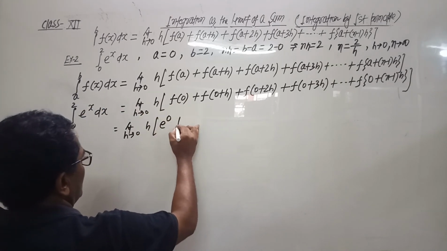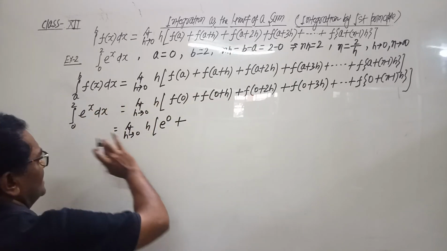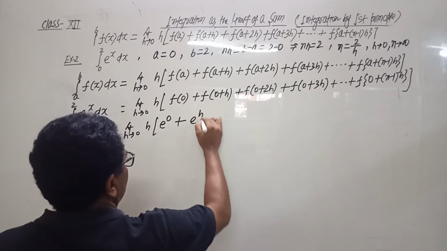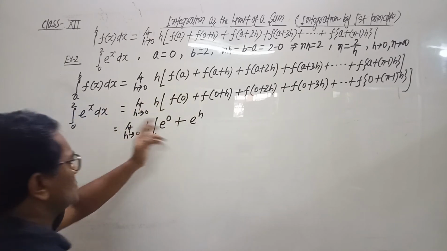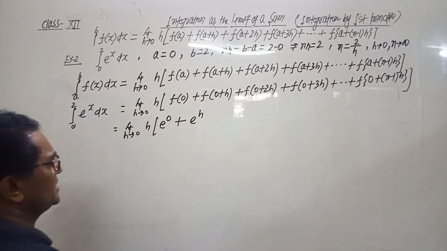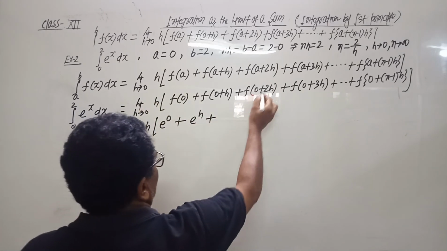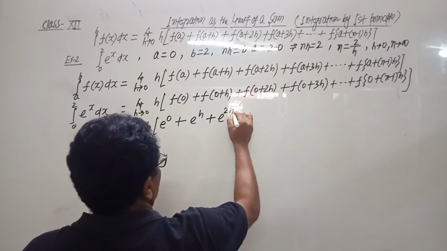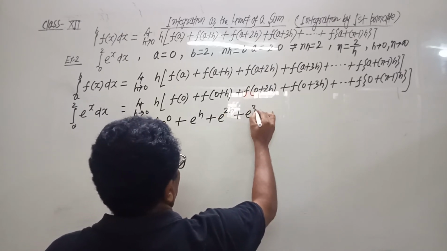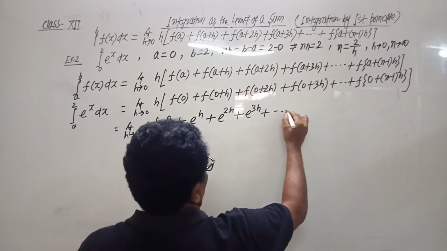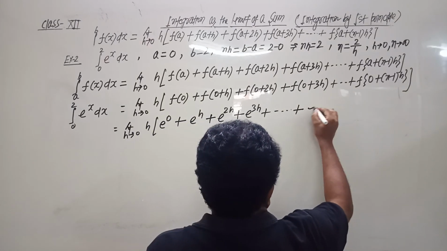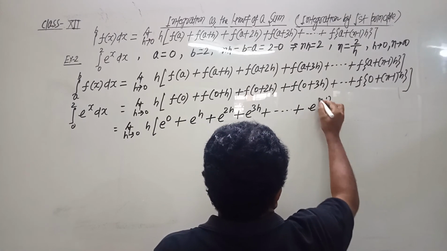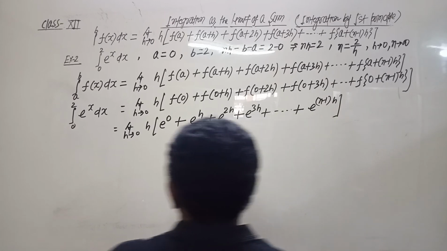So we get e raised to the power 0. When we put x equals 0 plus h, we get e raised to the power h, plus e raised to the power 2h, plus e raised to the power 3h, and so on up to e raised to the power (n minus 1)h.